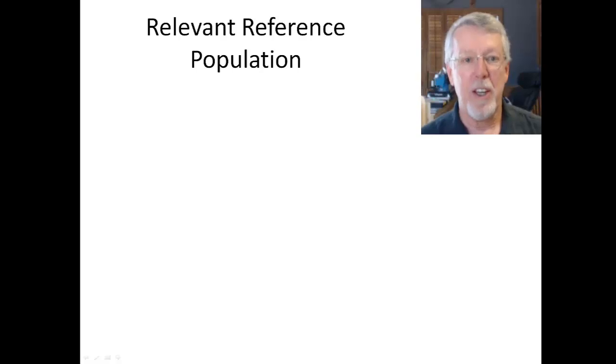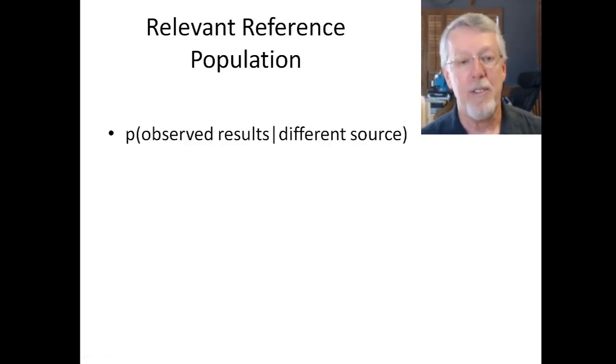Another issue I'd like to comment on is the concept of a relevant reference population. When forensic scientists are estimating the probability of the observed results if two items in comparison have a different source, they often ask themselves, well, how often would these observed results occur in a reference population?